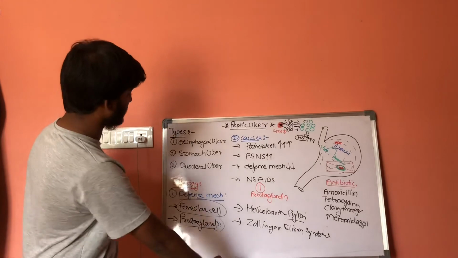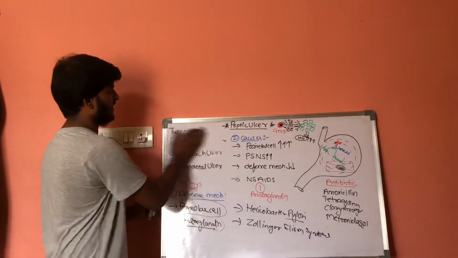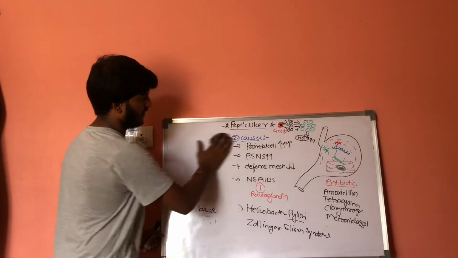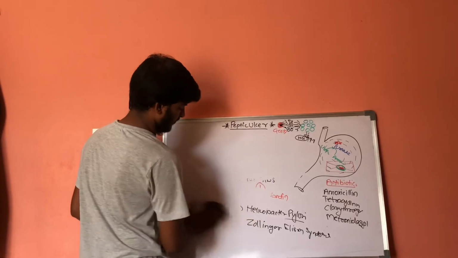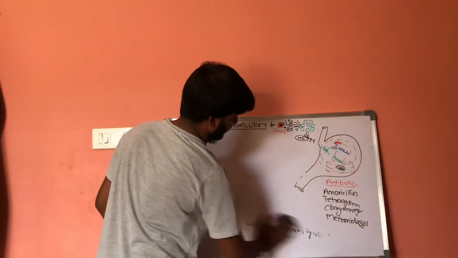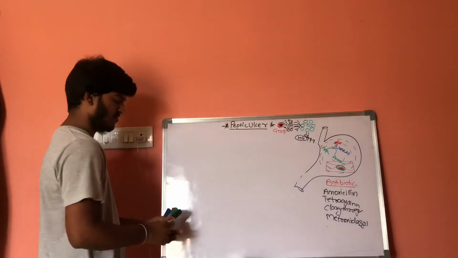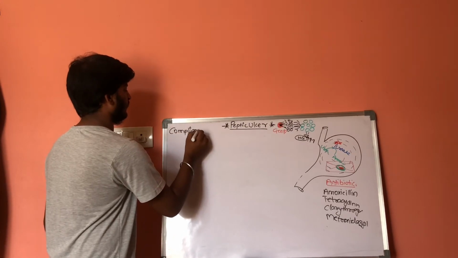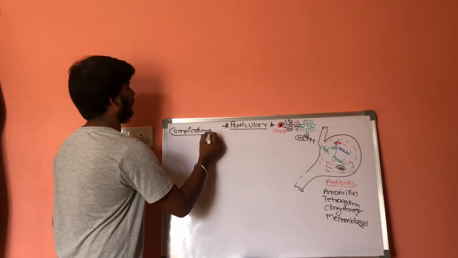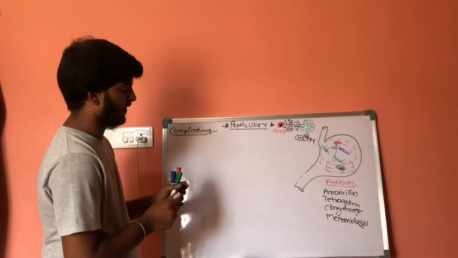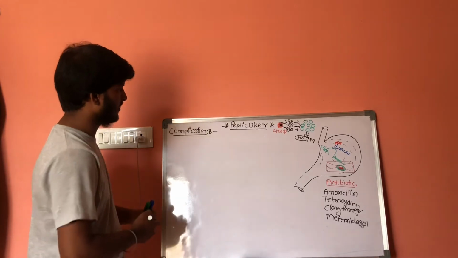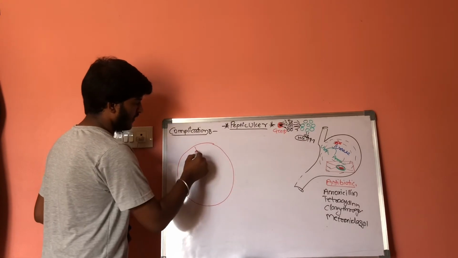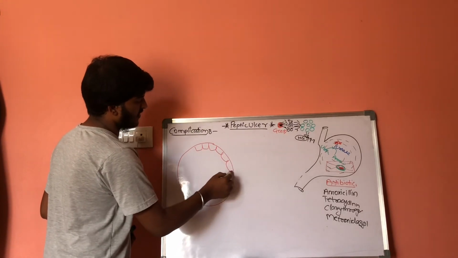Now, let us discuss some complications associated with peptic ulcer. As we know, this is the outermost layer, that is the serosal layer.